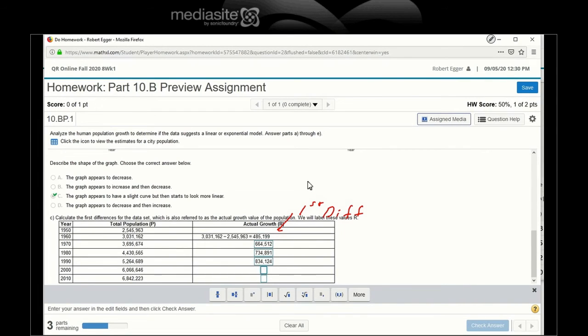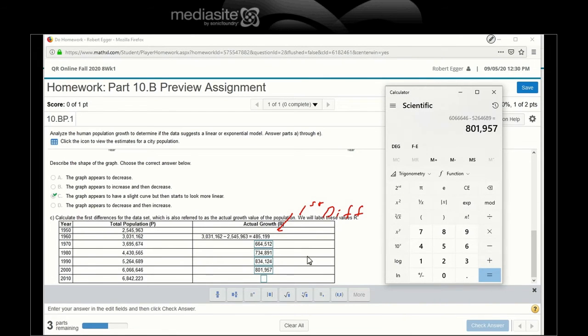And last, 2010s minus 2000s population. So 6,842,223 minus 6,066,646 for 775,577.